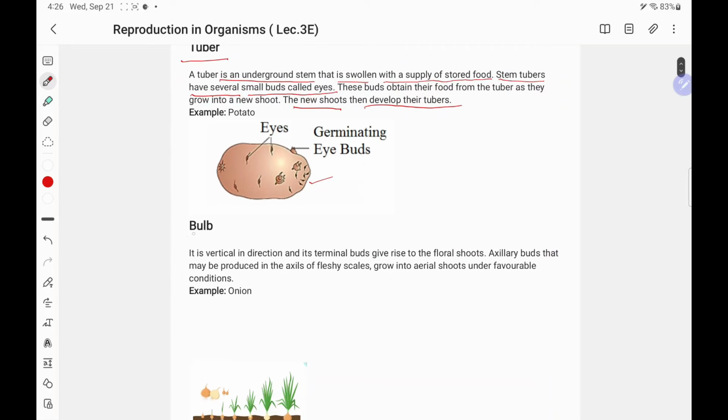Then next is bulb. It is vertical in direction, and its terminal buds give rise to floral shoots. Axillary buds that may be produced in the axis of fleshy scales grow into aerial shoots under favorable conditions.